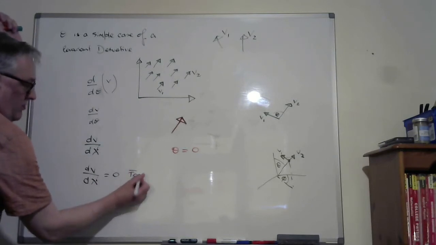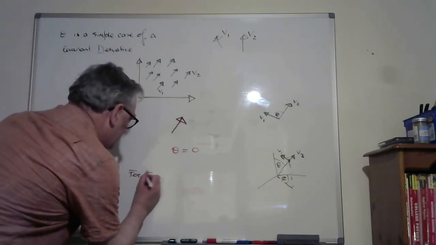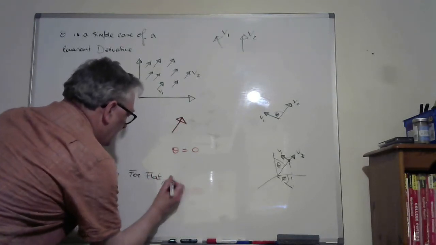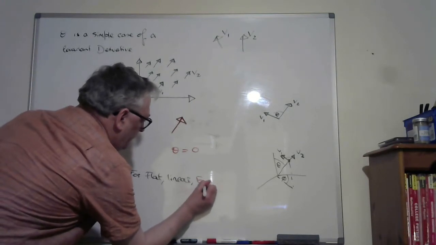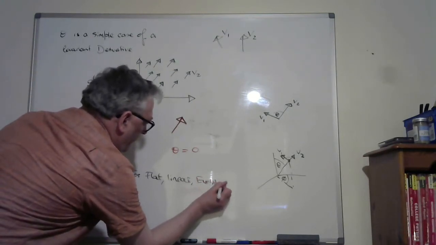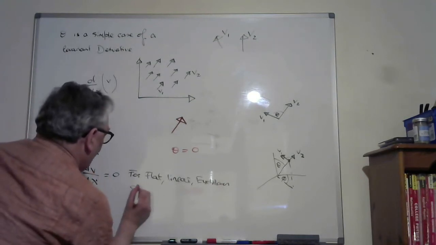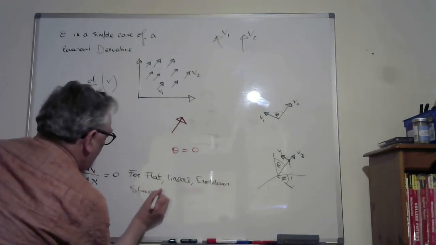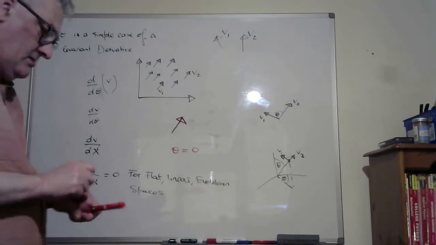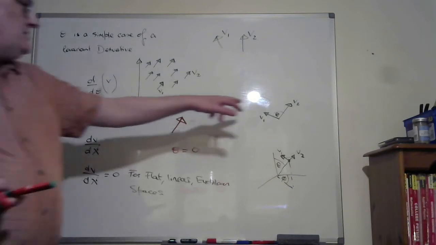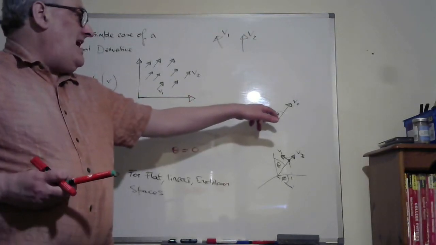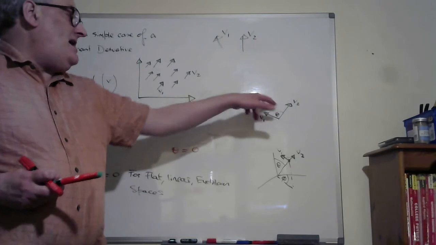So for flat, linear, Euclidean spaces. I think I'll have to change pen. Right. So this covariant derivative basically describes the extent of the angle between two vectors.